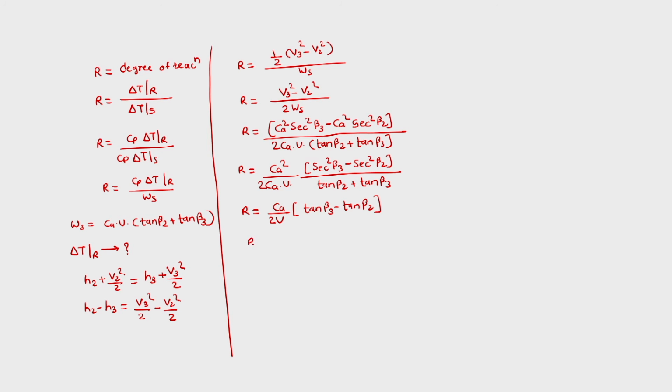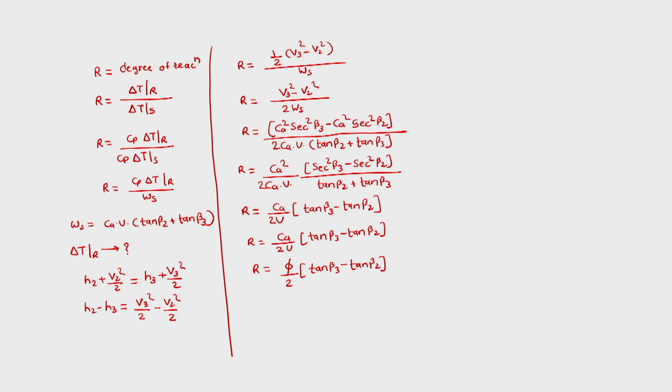So we have R is equal to Ca upon twice U into tan of beta 3 minus tan of beta 2. But we know that Ca upon U is equal to phi. So R is equal to phi upon 2 into tan of beta 3 minus tan of beta 2. So this is the expression for the degree of reaction for the axial compressor, the turbine.